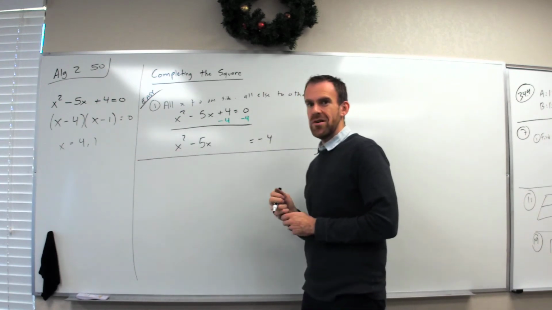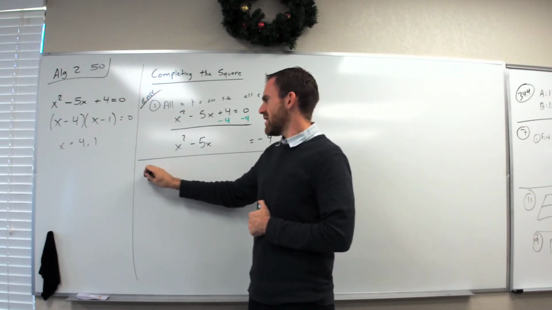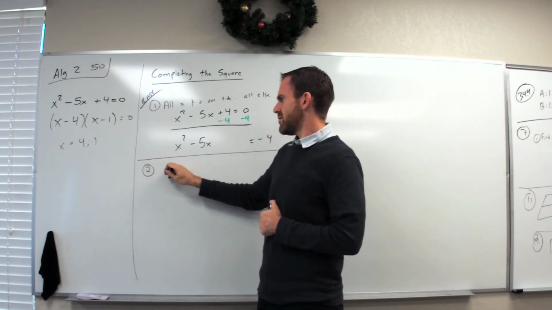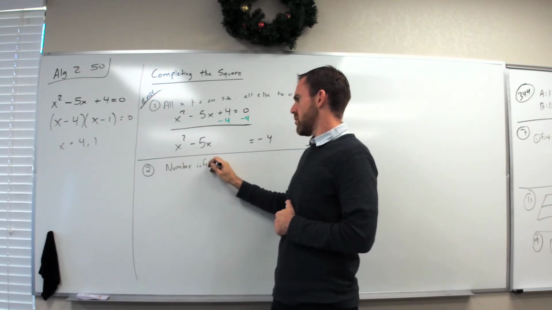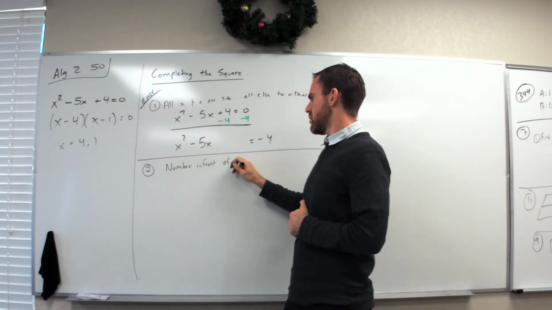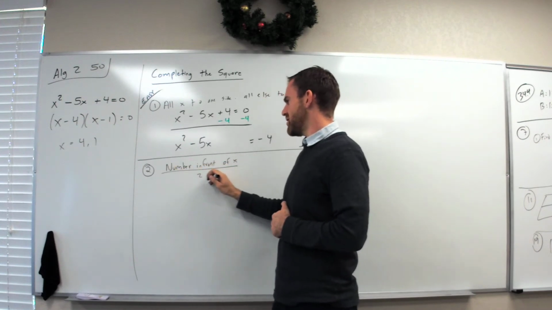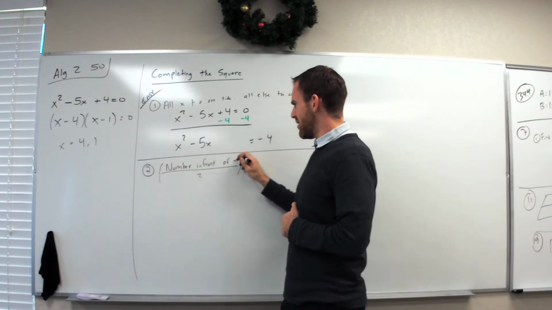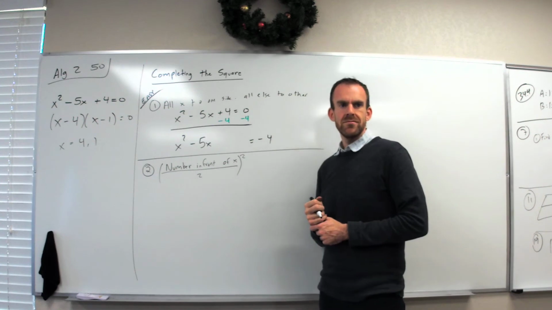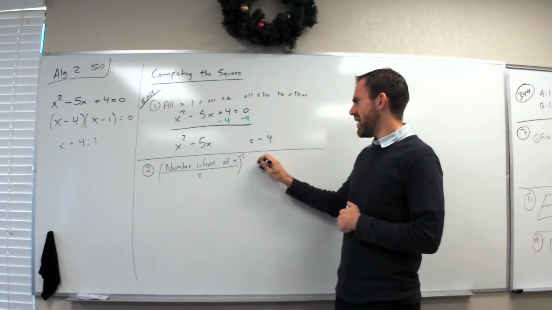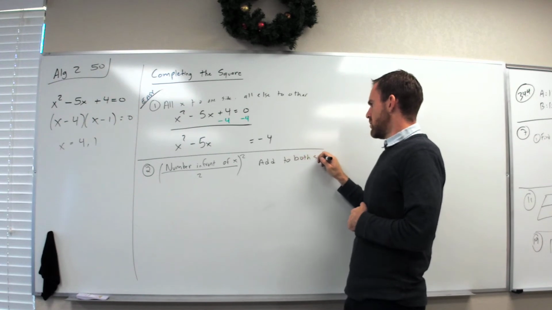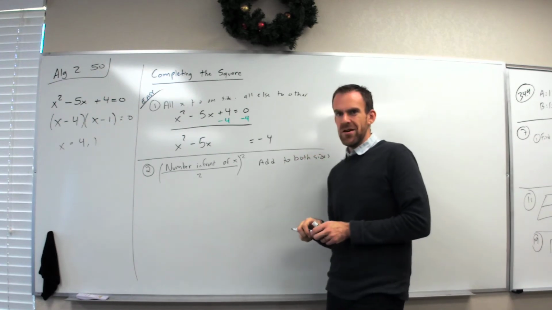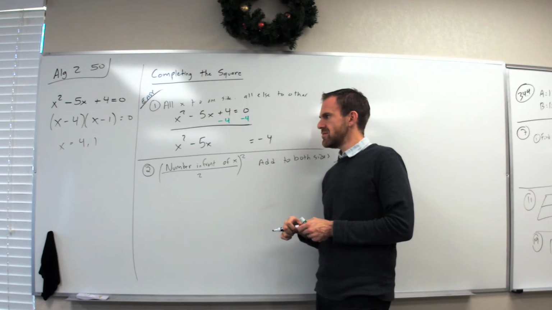Step 2. This is horrible. Are you ready? You're going to take the number in front of the x, divide it by 2, and square it. Don't ask me why. I'll explain later. And you add that to both sides. So, what's the number in front of the x?